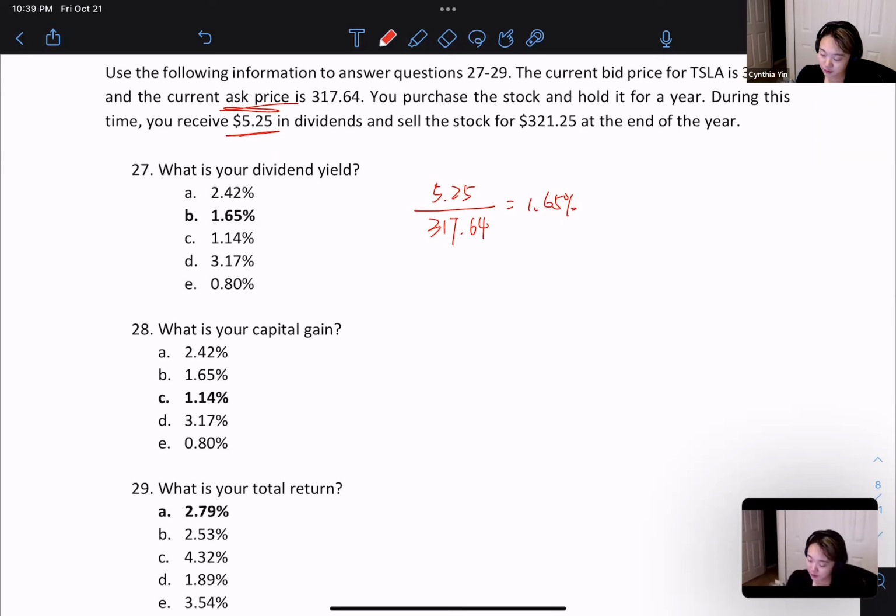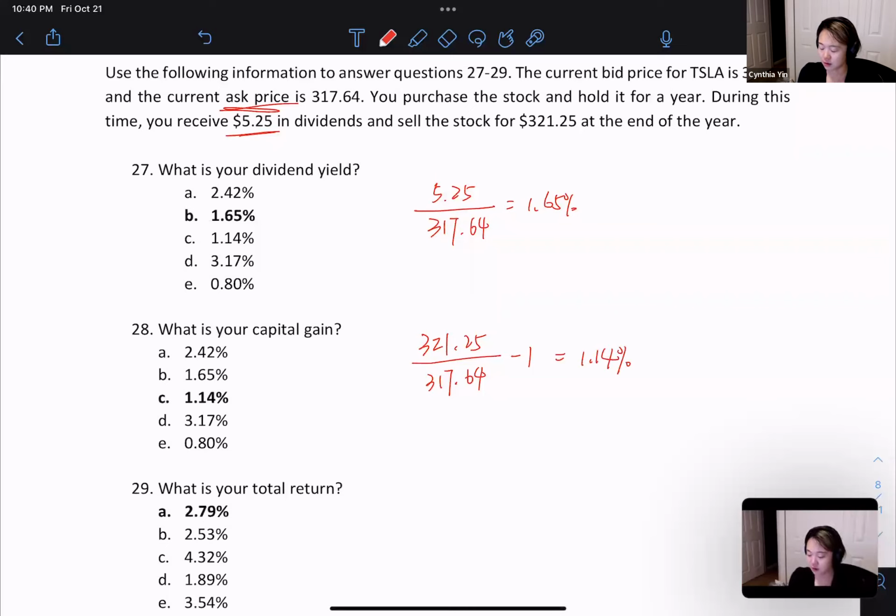What is your capital gain? Capital gain is about the price appreciation, because you sell it at $321.25 divided by 317.64 minus 1, it equals around 1.14%.